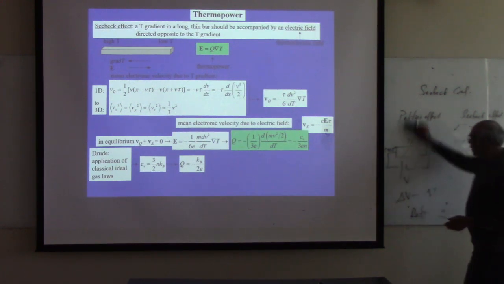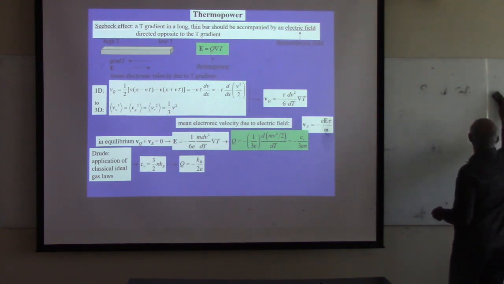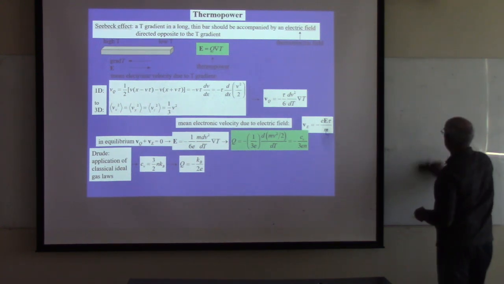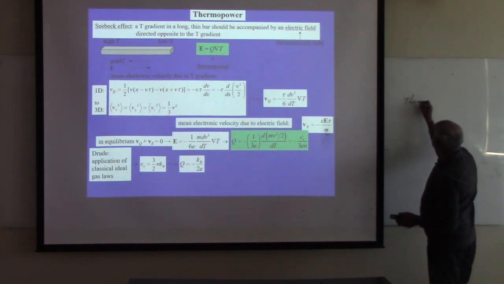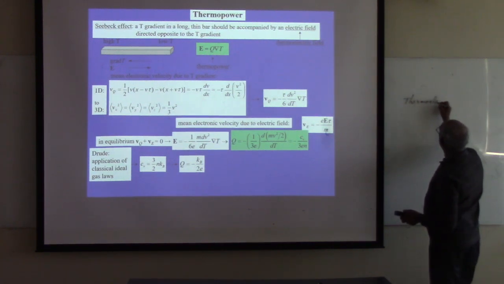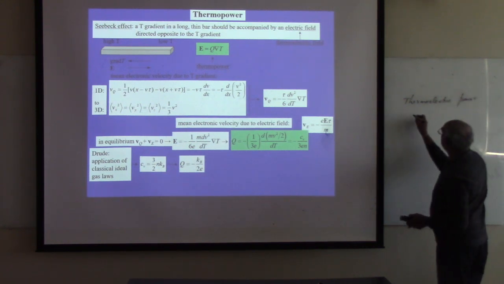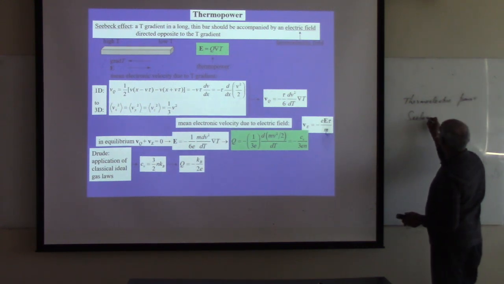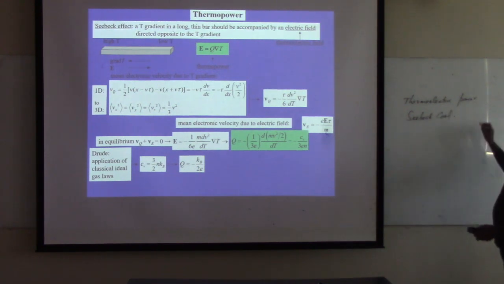So it all depends on this thing called the thermoelectric power, or Seebeck coefficient. This is the same thing, sometimes we call it the thermoelectric power, same as Seebeck coefficient. Basically we say it's Q.